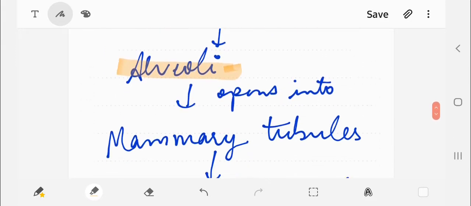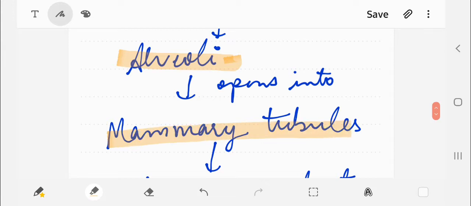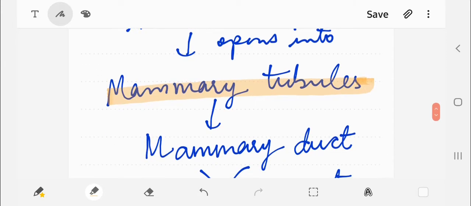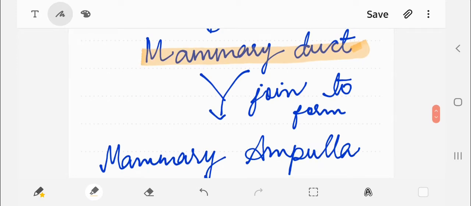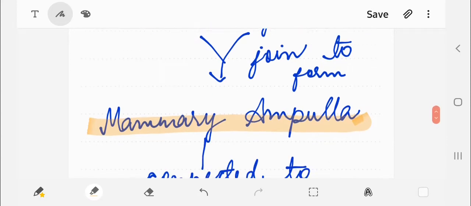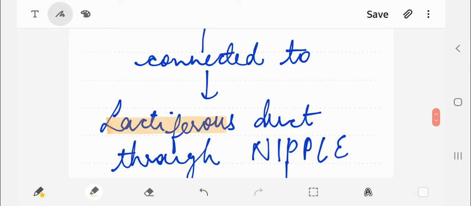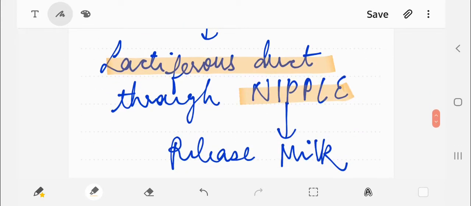Alveoli open into the small mammary duct or mammary tubule, and tubules into the mammary ducts, and several mammary ducts join to form the mammary ampulla that is connected to the lactiferous duct before the nipple, through which the milk is released.